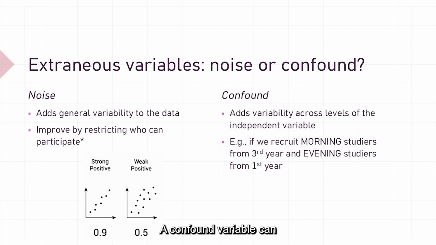A confounding variable can and should also be controlled. You can either pre-test all the participants on IQ level and then allow only participants with a specific IQ level to participate. The second and more realistic approach is random assignment to conditions.